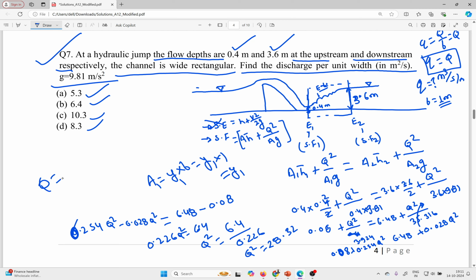So Q will be root under 28.32, which is 5.3 meter cube per second per meter. You can write it here, because initially I showed you that because b is equal to 1, your Q is also equal to this. So your option A will be correct.